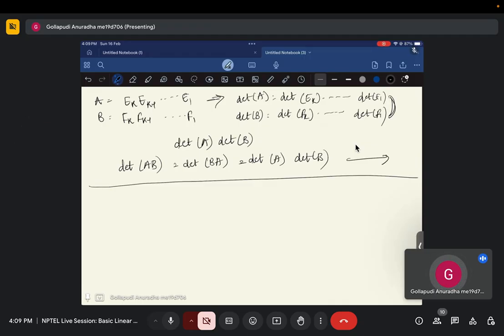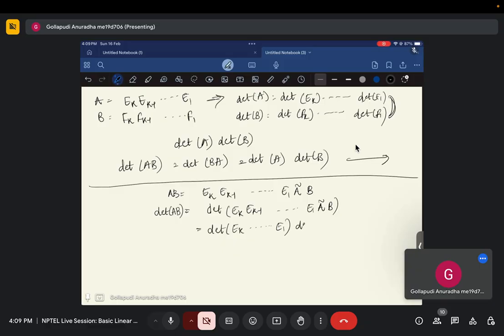So now if I say A is singular here, okay, then I'm saying AB, for example EK, I can write it in this way, which can be written so that I get all the elementary operations outside.